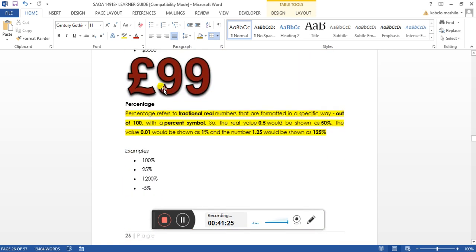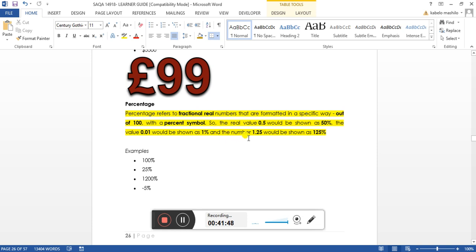And we've got percentages. Percentage refers to fractional real numbers that are formatted in a specific way, out of 100, with a percent symbol. So the real value of 0.5 would be shown as 50%, and a small value would be rounded off to 1%.